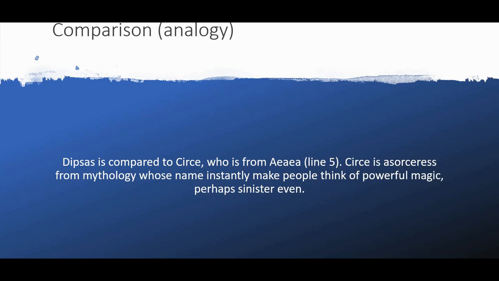But if I were to call you that, then certainly you would think of the qualities that this famous person would have, and you would map that onto yourself if I were to compare you to someone else. Here, Dipsas is compared to Circe in line 5, where Dipsas is described as being able to use Aeaean spells.